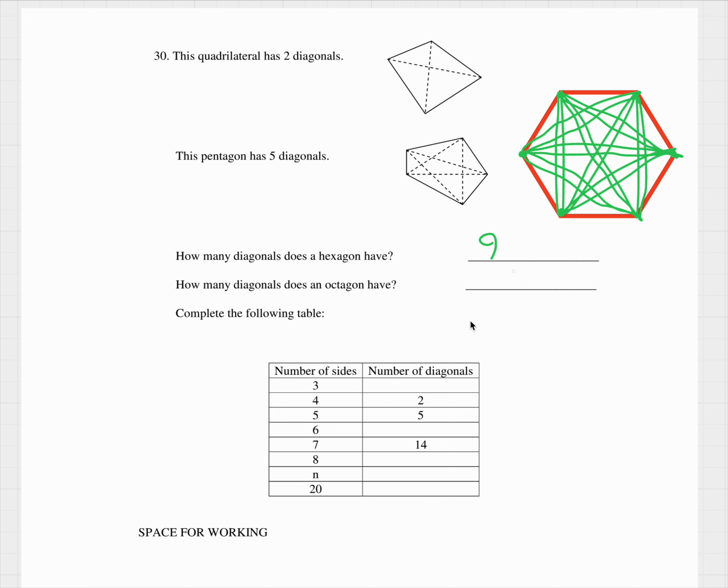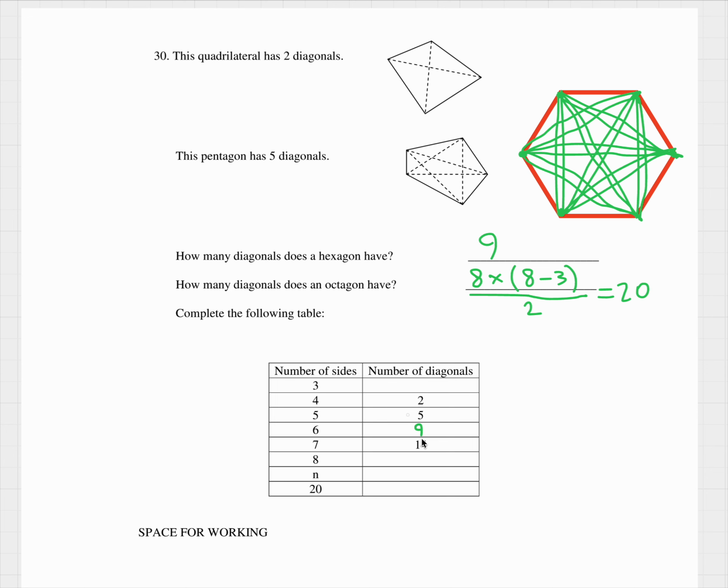So with an octagon, I start with 8 vertices in total. I multiply it by 8 minus 3. Right? This is the number of vertices. This is the number of lines that will come out of each vertex. And then I divide this number by 2. This is 8 divided by 2, which is 4, times 5. So the answer is 20.